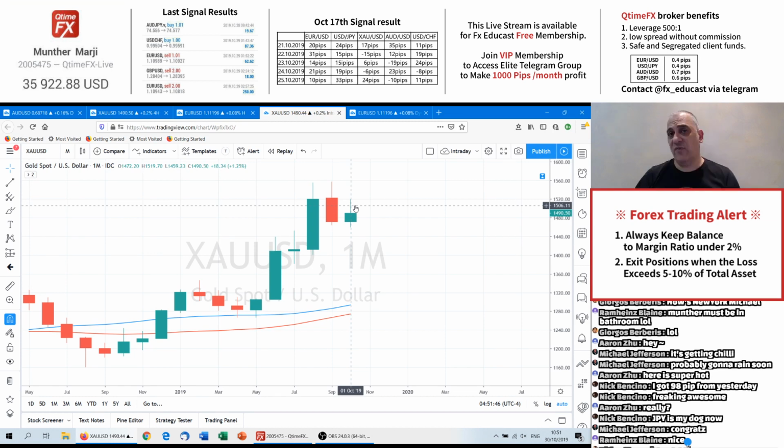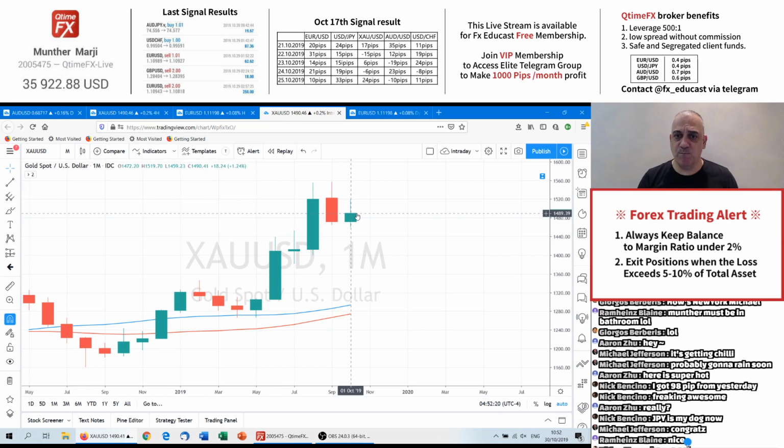So if I close around current levels, I'm going to leave a long upper shadow behind me, which is a sign of weakness, especially when you have this much of a body. The upper shadow means that we have traded this high, but come closing time, the market retreated here. It was unable to close on strength, which is obviously a weakness sign.